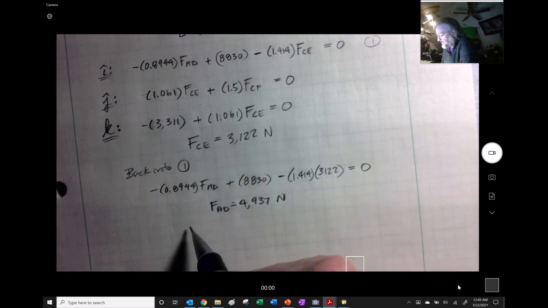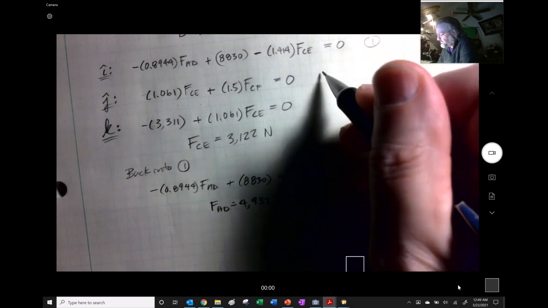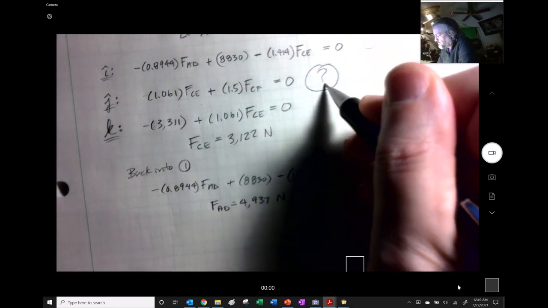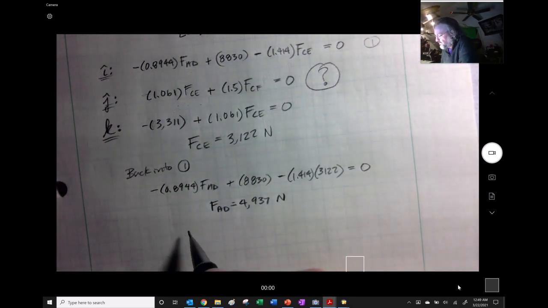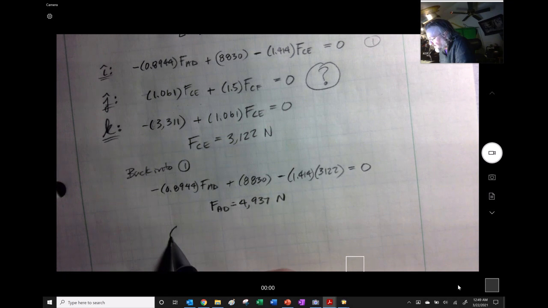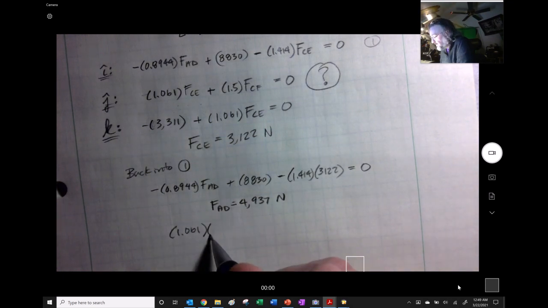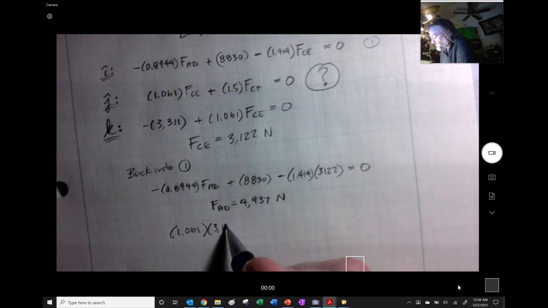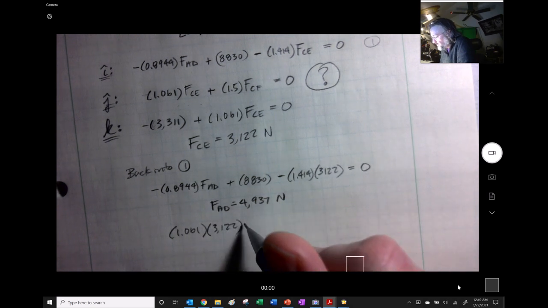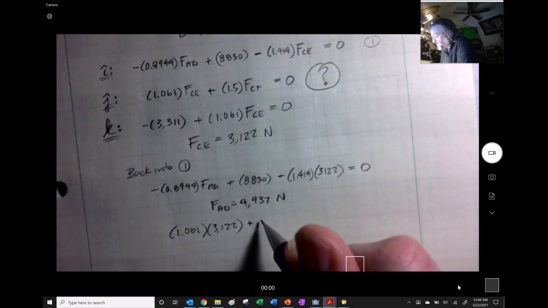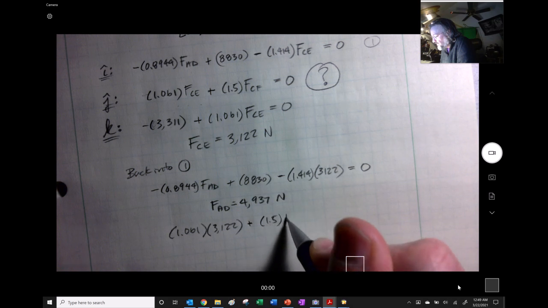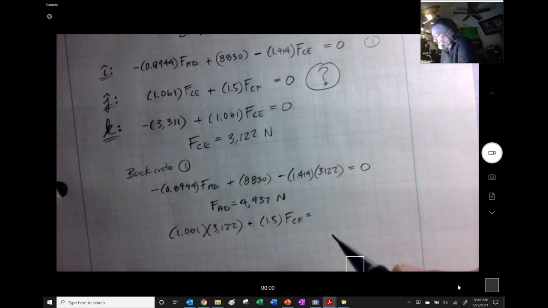And then this last one right here, we would find that we get 1.061 times 3,122 plus 1.5 FCF equals 0.